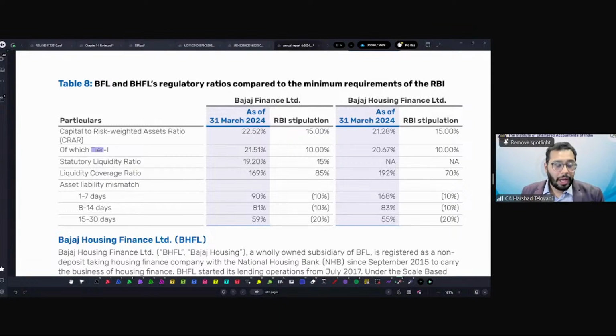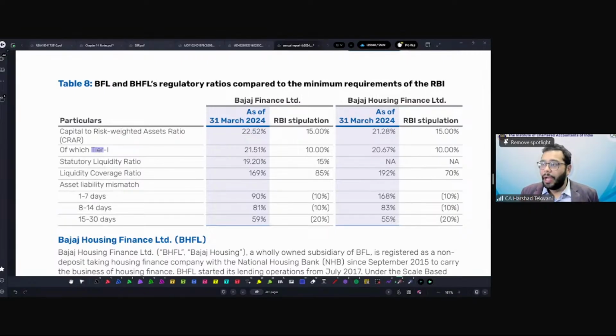Okay. So we should be aware of how tier 1 and tier 2 capital is calculated. Now we'll go back to the discussion on what the aggregate risk weighted assets are. And for that, we will go to the study material now.